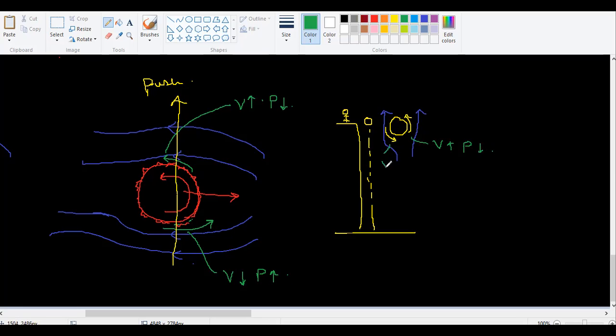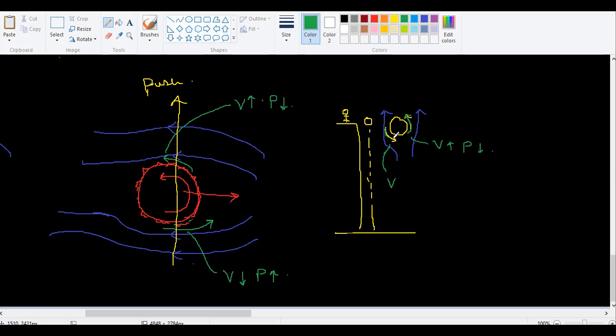Here the velocity is lower, so the pressure is a little bigger. You see the ball is going downwards. The blue lines are the air molecules rushing upwards, but because of the spin, these yellow lines will be spinning around. The yellow is also the air molecules. Maybe I should have shown the green one.